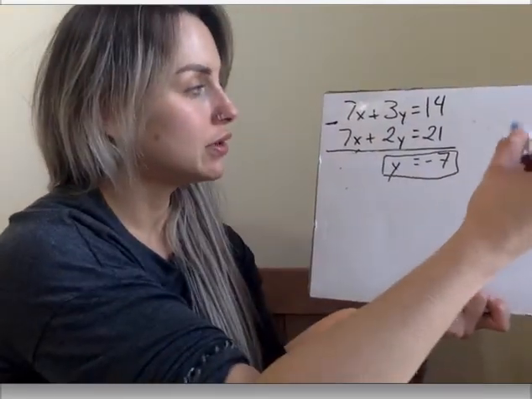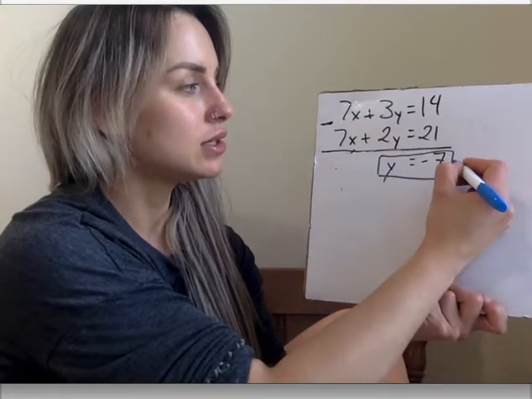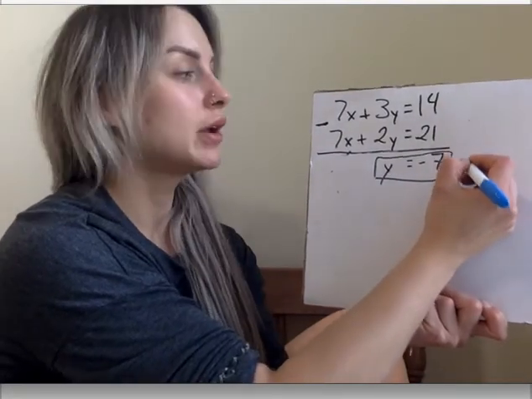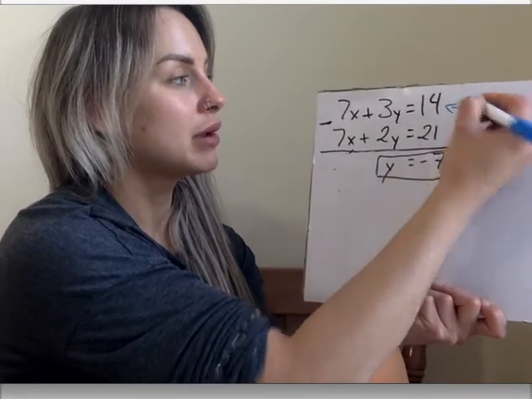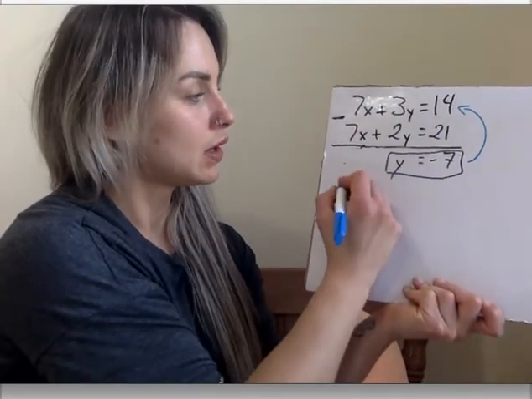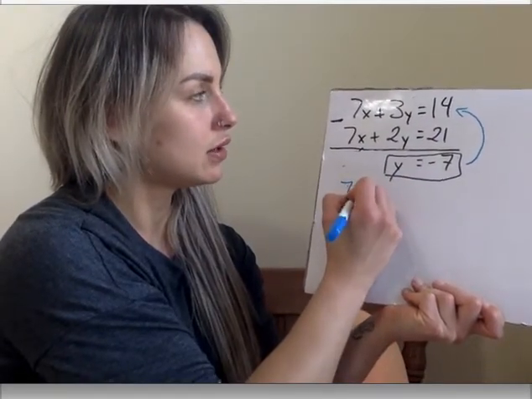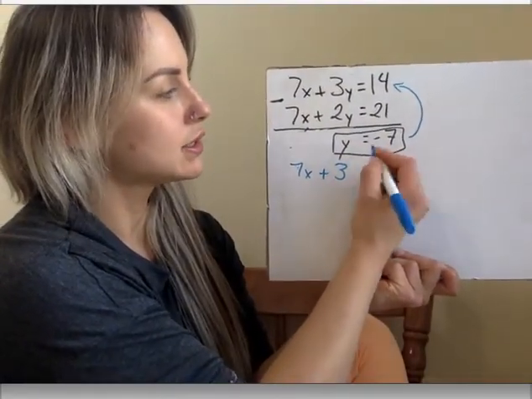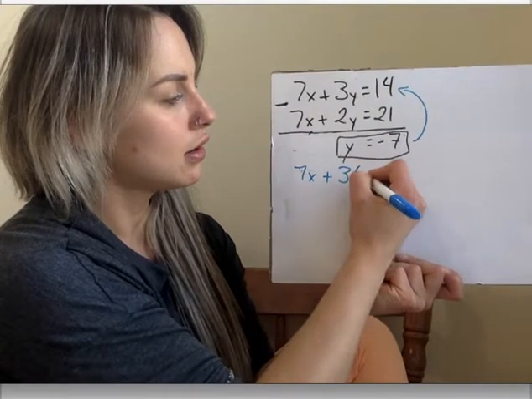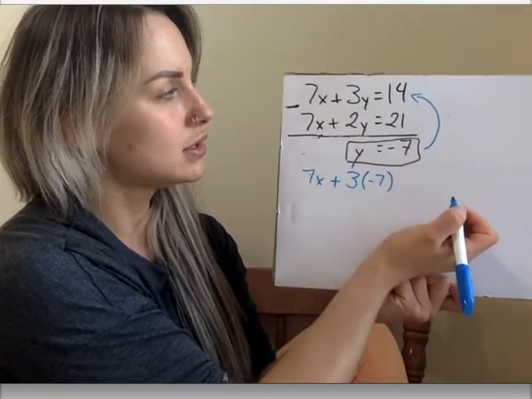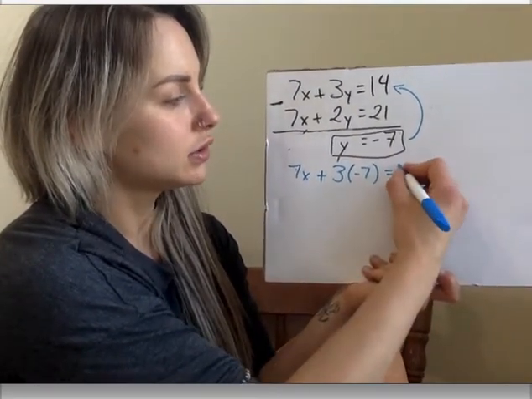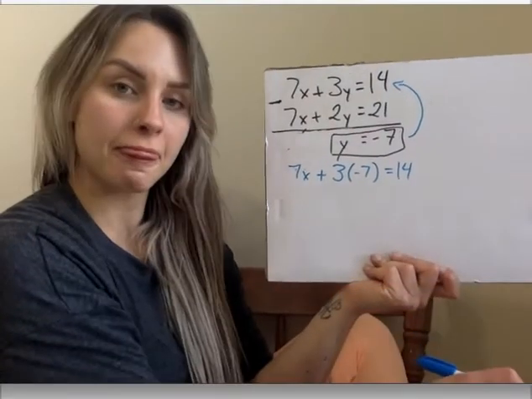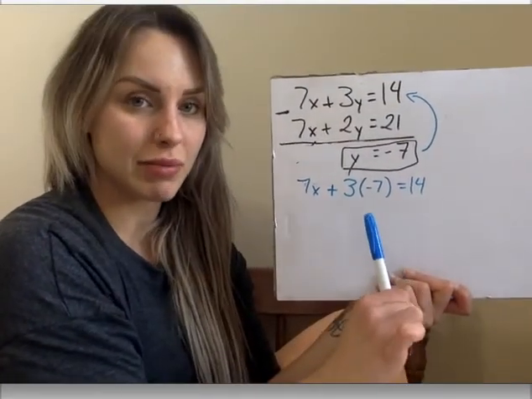Now what we're going to do is sub this into whichever equation we want. So I'm going to pick the first one. So we're going to do 7x plus 3 and sub our y in there, negative 7, equals 14. Okay, and now we're going to look at BEDMAS.